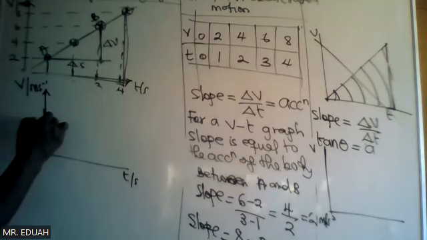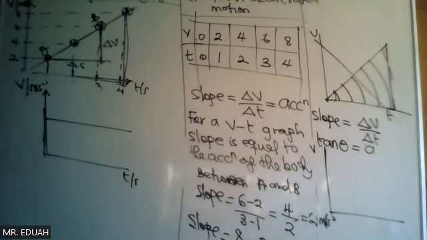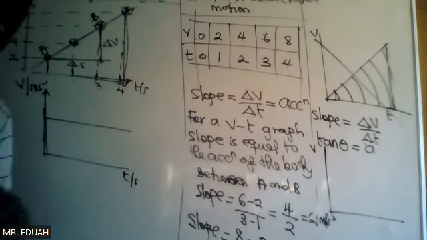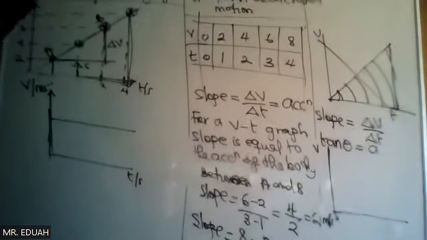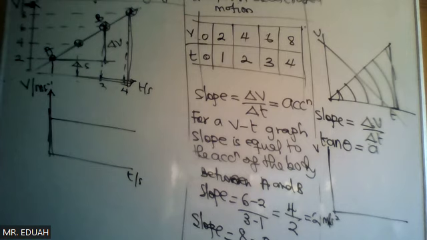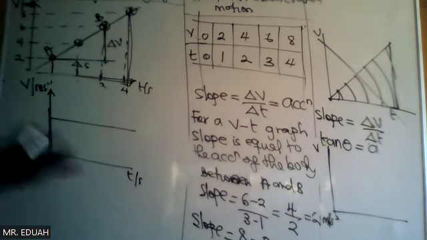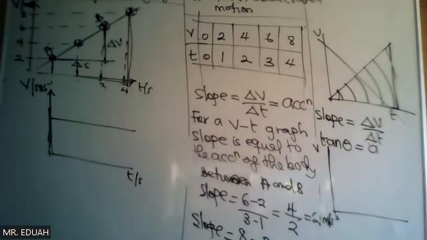Michael, this motion is like this. What does it mean? Under a velocity time graph, we have such a motion. Michael, what does it mean? Michael, are you there?